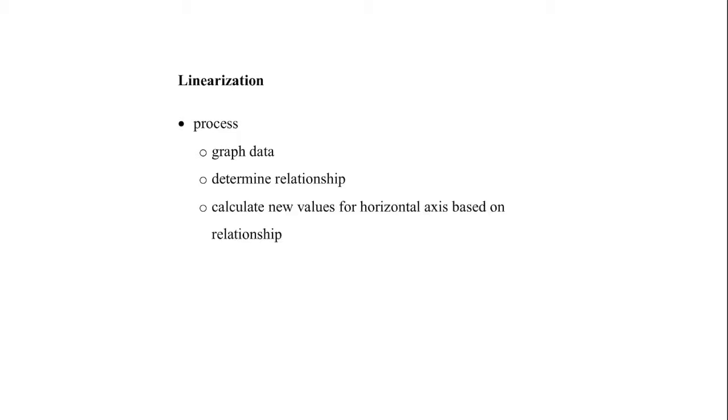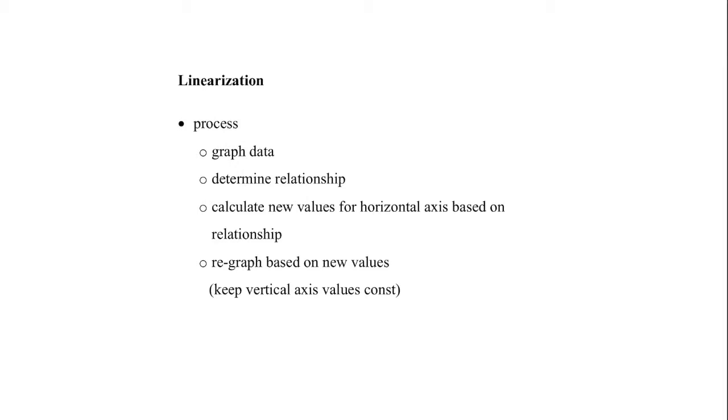And then you're going to take what's on your x-axis, your manipulated variable, and calculate new values based on the relationship. So if it's a square relationship, guess what? Square all the things on your x-axis. If it's a square root relationship, you're going to square root everything on your horizontal axis, your manipulated axis, and then regraph based on the new values, and you will have a nice straight line.